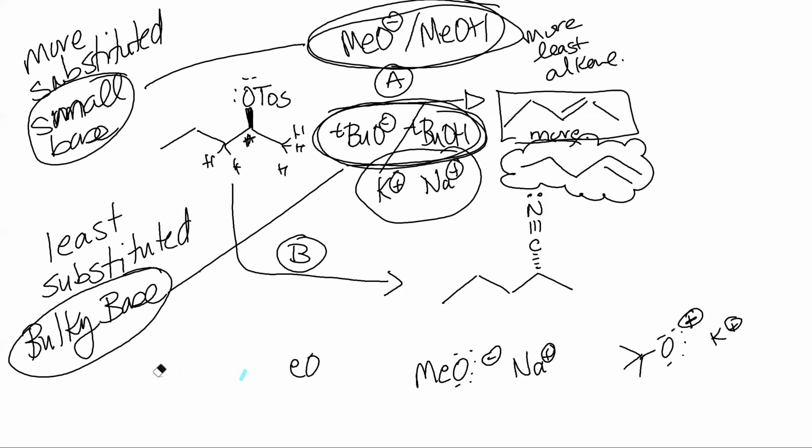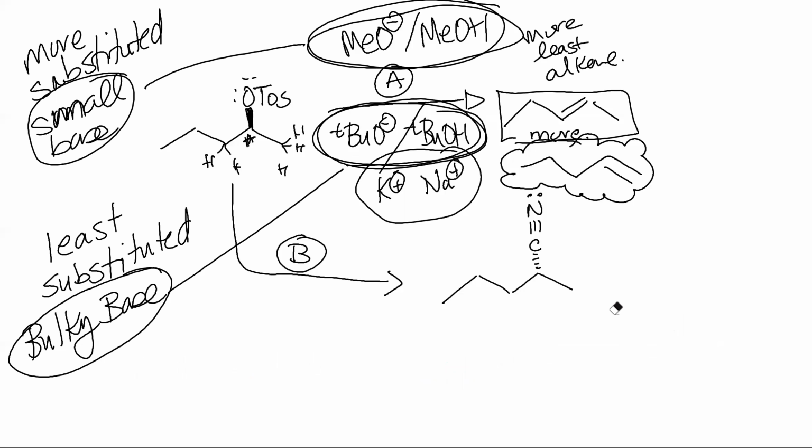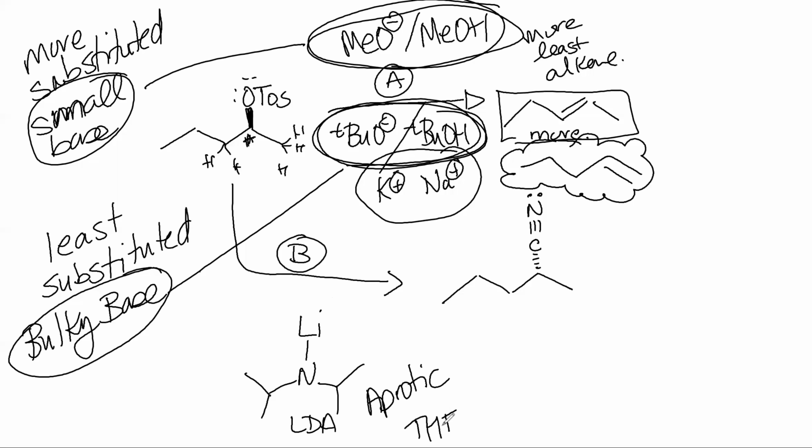But if you had to commit something to memory, other bulky bases would be things like LDA. The thing about LDA is you need to use an aprotic solvent like THF or ether. Why? Because LDA is effectively N minus.